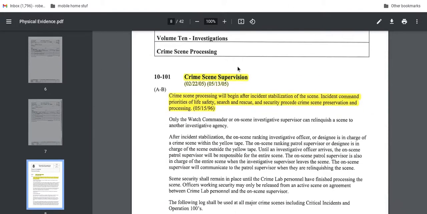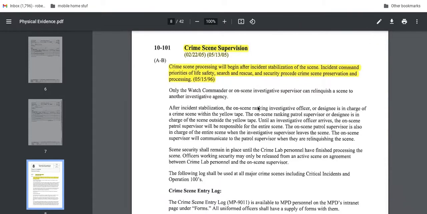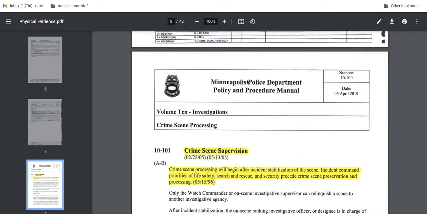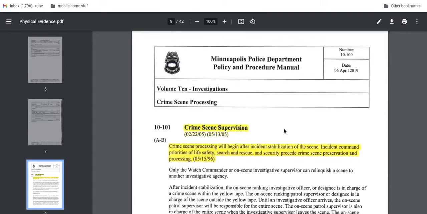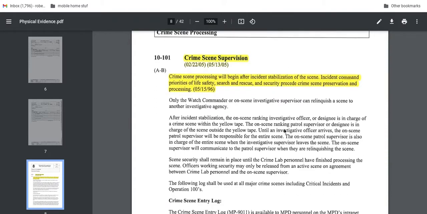Okay, crime scene supervision talks about processing the crime scene and making sure you get everything. There's regulations behind this. This is from the MPD 2022 manual, and this is the date that this version was put out.